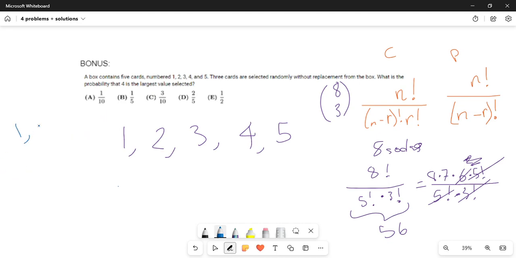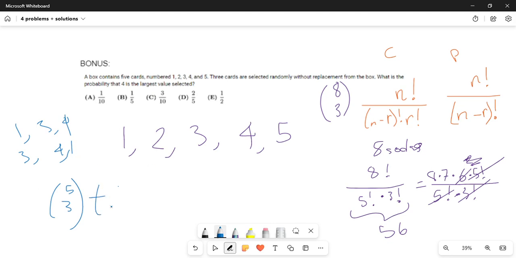They can be 1, 3, and 4, or 3, 4, 1. There are 6 cases of these, but the order doesn't matter because it's combinations. We could do it with order mattering, but then you'd have to account for the number of cases. This is a faster approach.